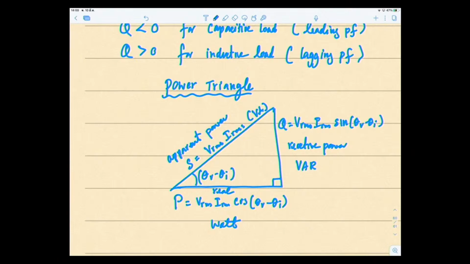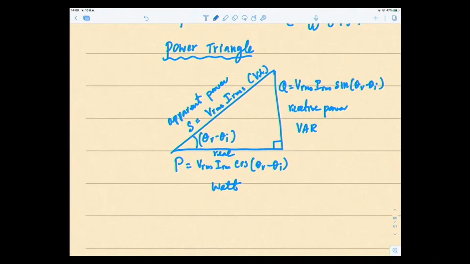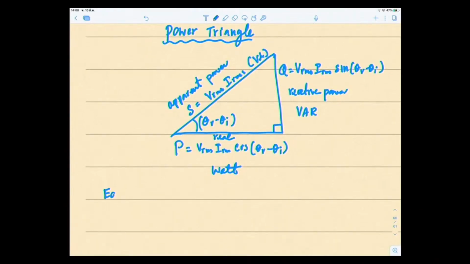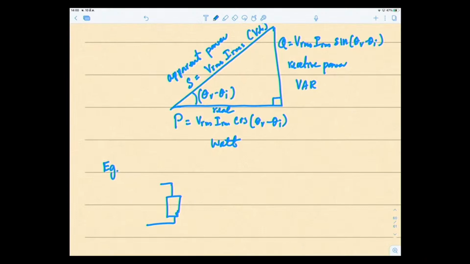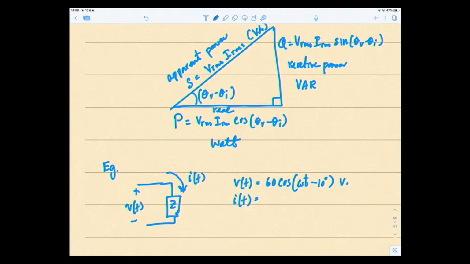So let's look at some example. Let's say that we have a load here, and there's of course a voltage drop across this load, and the current going through this load Z, where V of t is equal to 60 cos omega t minus 10 degrees volt, and the current I of t is equal to 1.5 cos omega t plus 50 degrees amps.